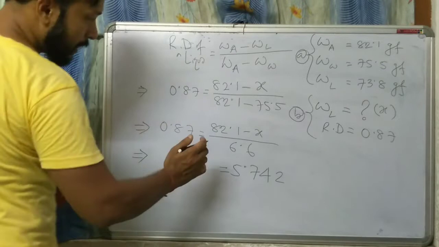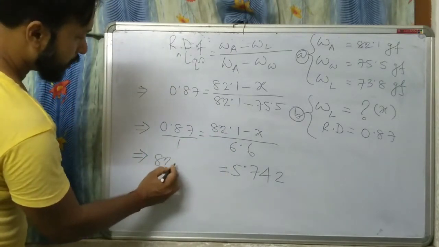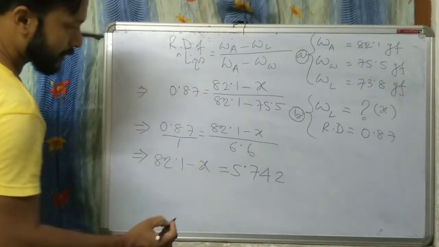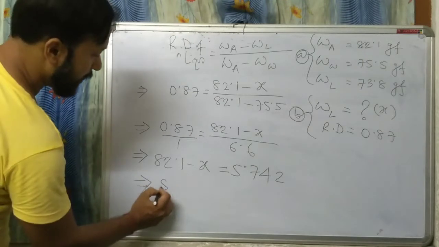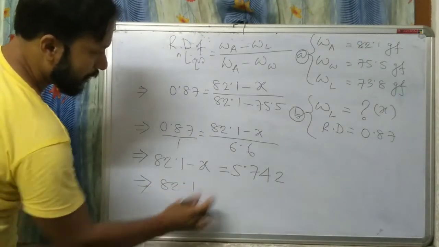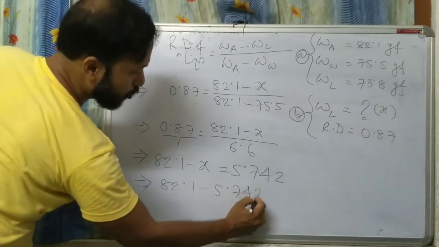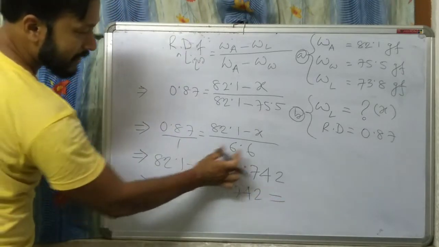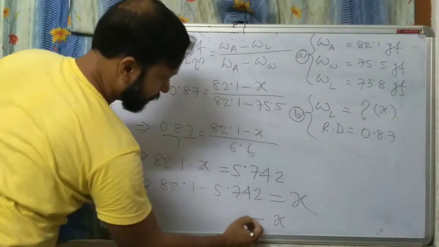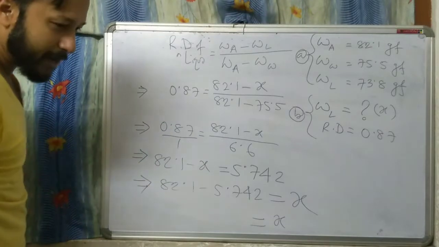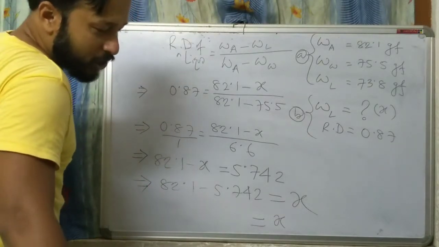Now 1 into 82.1 minus x. So 82.1 minus 5.742 equals x. So x equals, if you subtract it, we are getting 76.358.